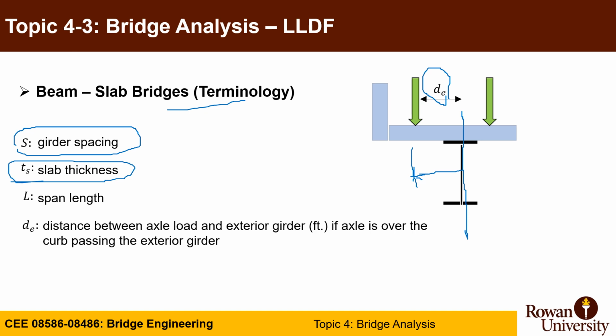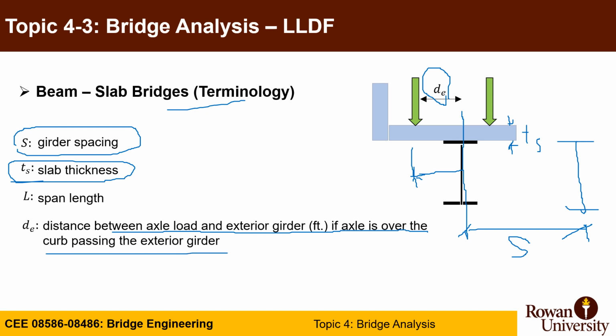So let's say you have another girder here. The spacing S is the spacing between the girders, and ts is the thickness of the deck. de is the distance between the axle load at the interior and the exterior girder if the axle is over the curb passing the exterior girder.